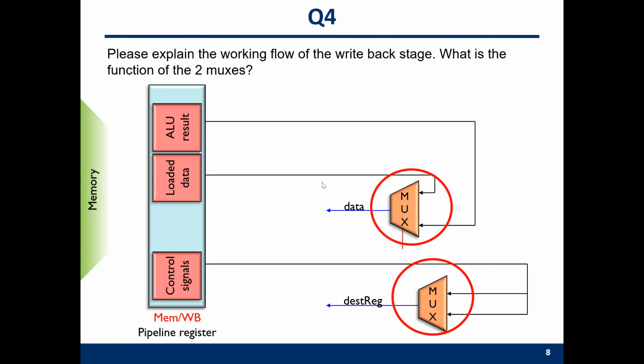This instruction will have a memory value, because it indicates a read operation. And this instruction will have an ALU result. You select between these two types of instructions.